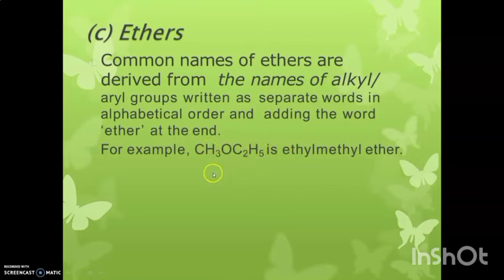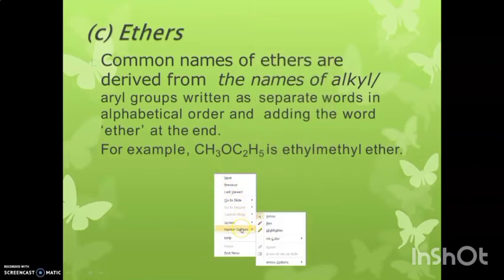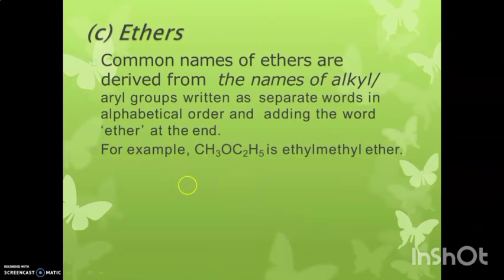If, for example, the compound is C2H5 O C3H8, we can call it ethyl propyl ether.